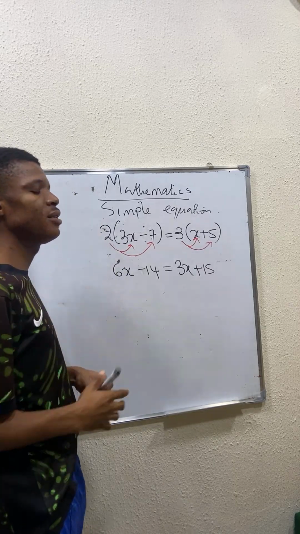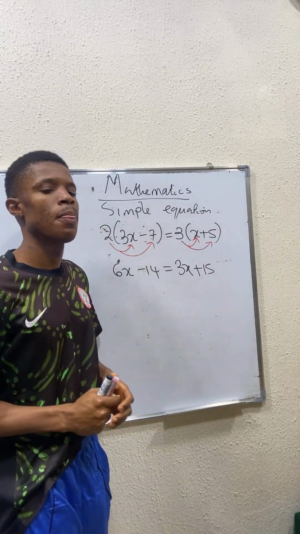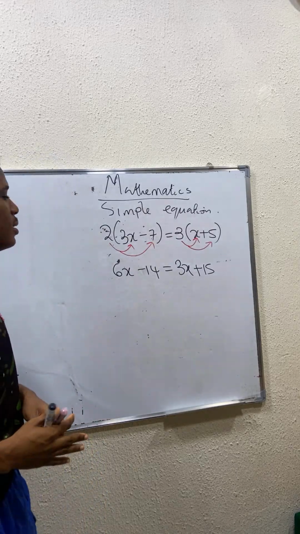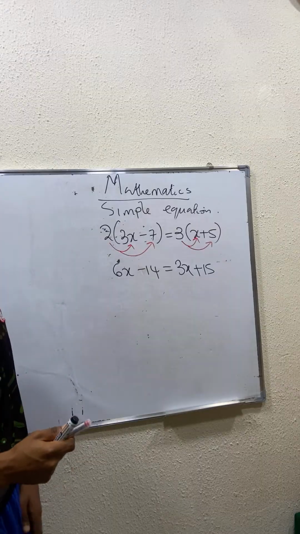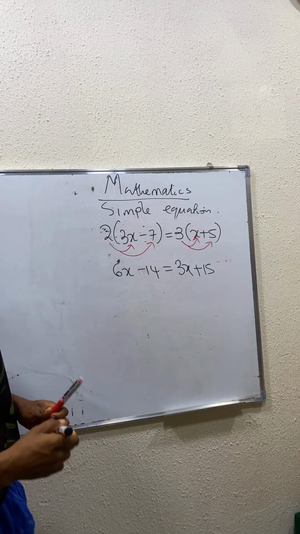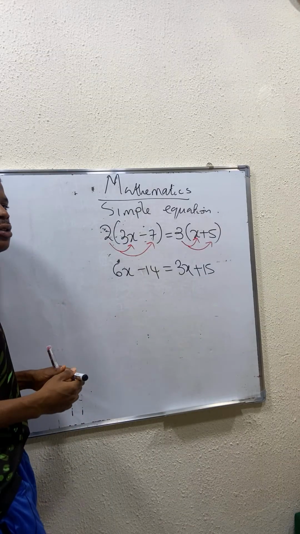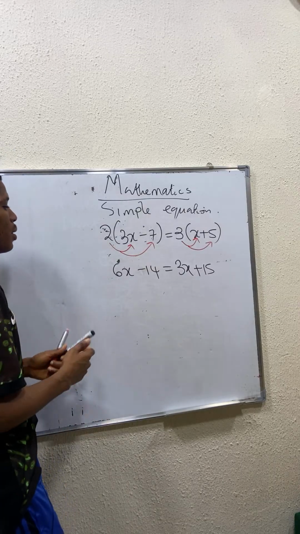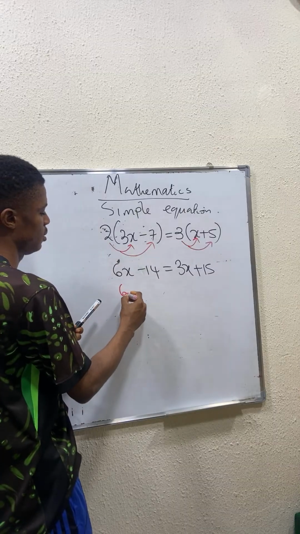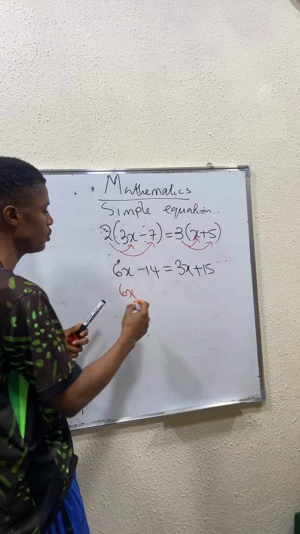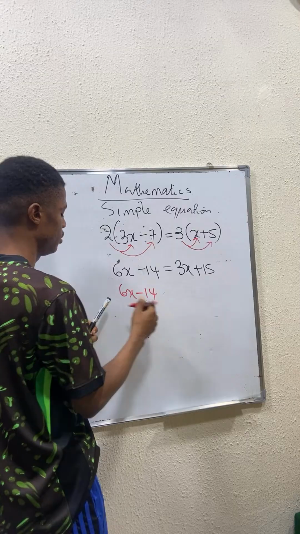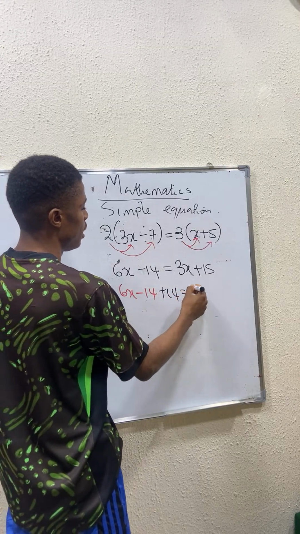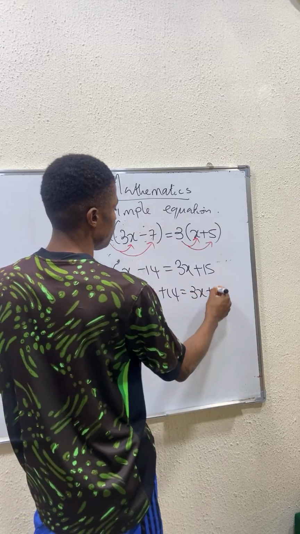So if you have this now, it's very simple. You have to collect like terms, which is just the usual way we solve. So we have 6x minus 14 equals 3x plus 15.